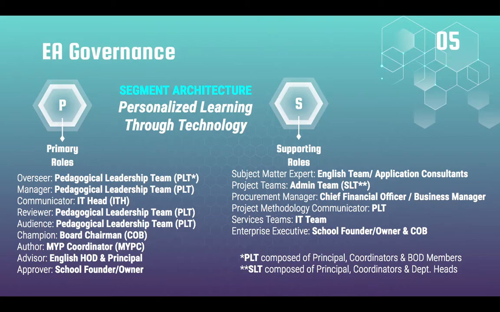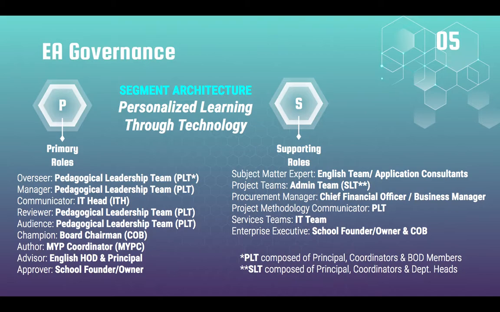In terms of our project teams, we have our admin team, which is a subset of the PLT. Our CFO and business manager will be the procurement manager team. And then we have our services team, which is our IT team, which is actually quite a few people.